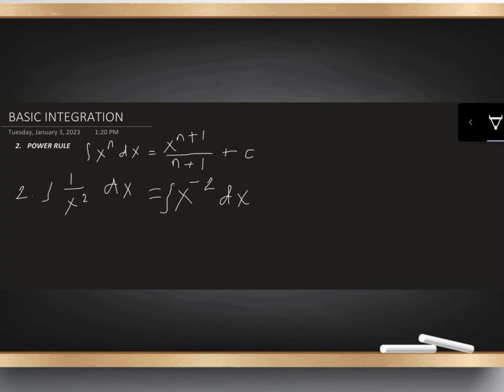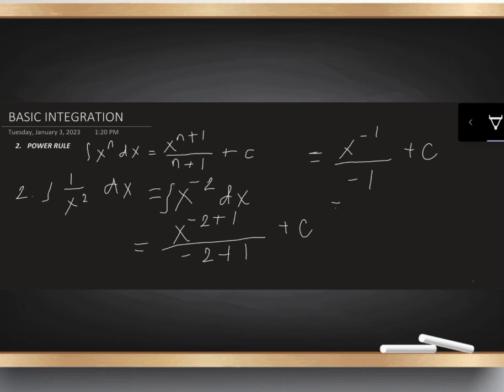Let us apply the formula in the power rule. It will be x raised to negative 2 plus 1 over negative 2 plus 1 plus c. All we have to do is simplify. This will give us x raised to negative 1 over negative 1 plus c.